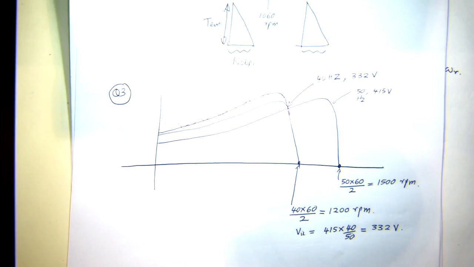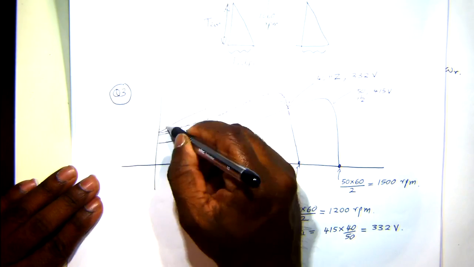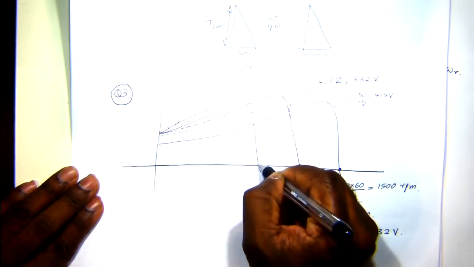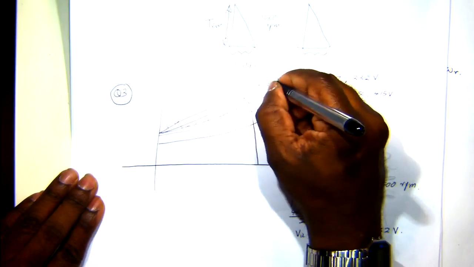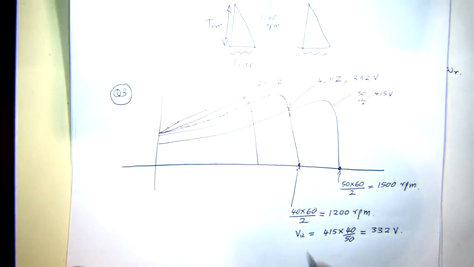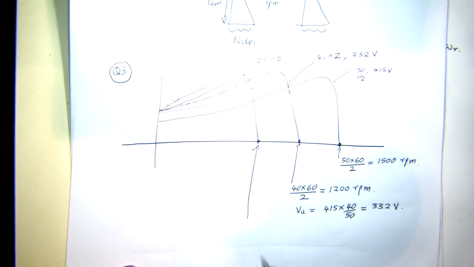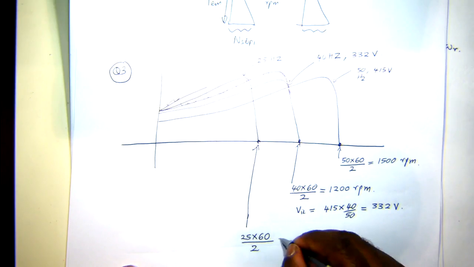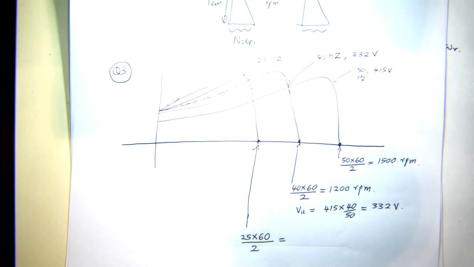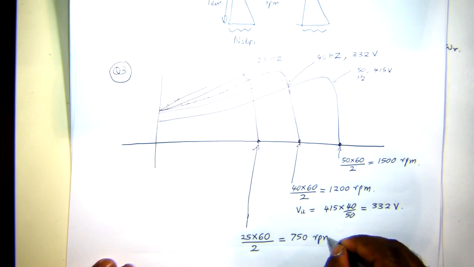And the other frequency is 25 Hertz. So let's say somewhere here. This is at 25 Hertz. And the corresponding synchronous speed there will be 25 into 60 over 2, which will be 750 RPM.